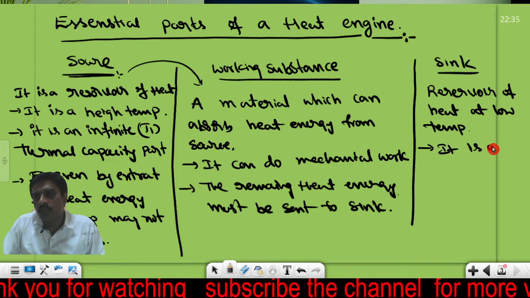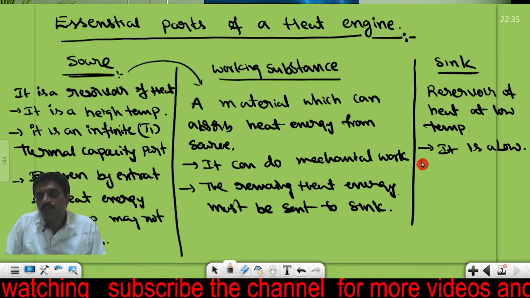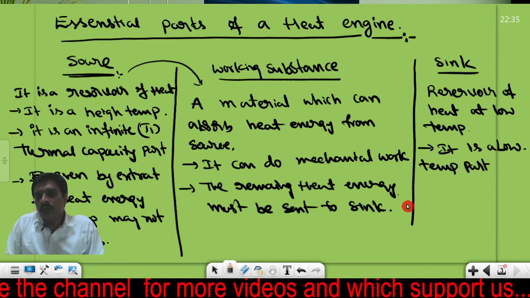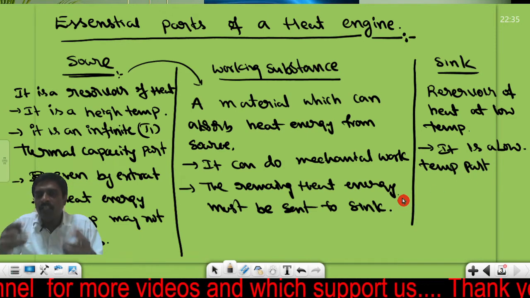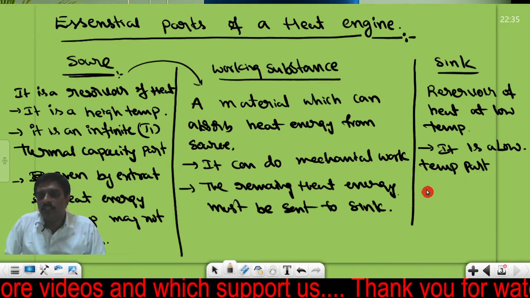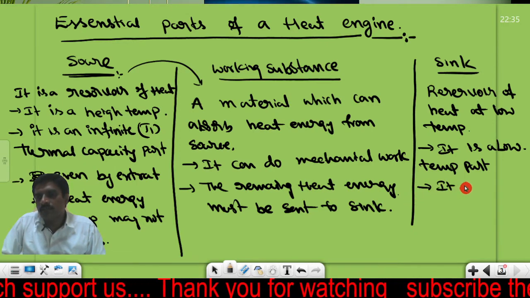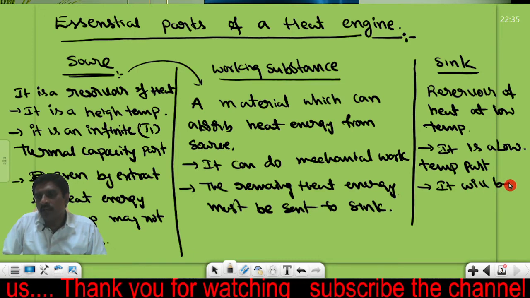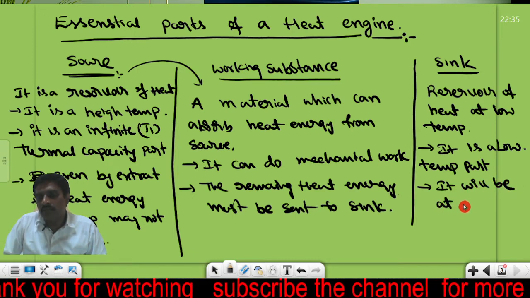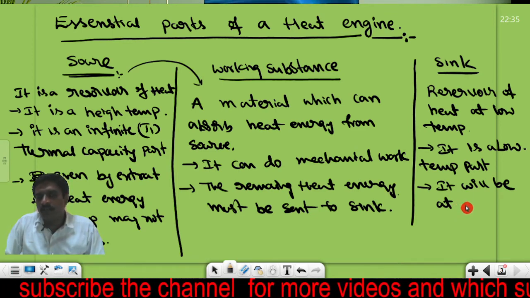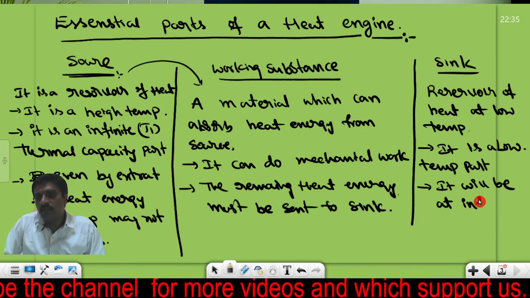It has a high, infinite thermal capacity.